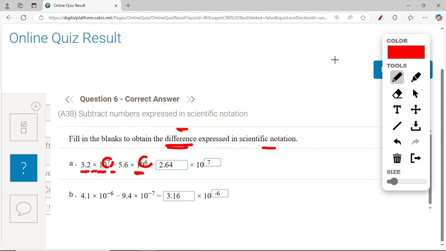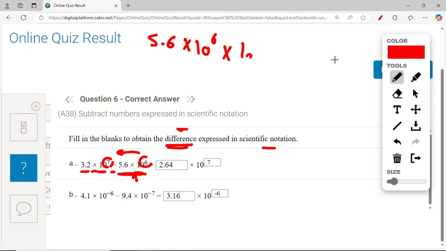So now we said before that we'll make the lowest one, the smaller power, the same as the bigger power. So which one, 6 or 7? So 6 is smaller than 7. So we'll take this number, 5.6 multiplied by 10 to the power of 6, to make it 7.